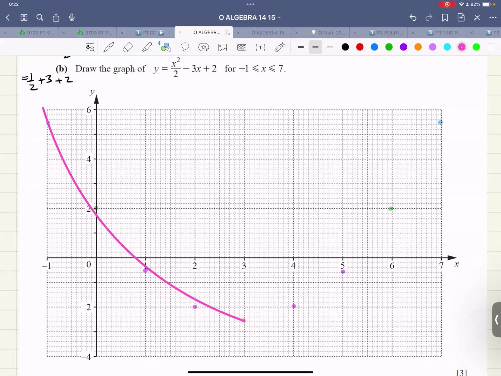Okay, it's not very exact. The curvature is good. So I think let me just join it like this, and something like this, and something like this. Not like this.